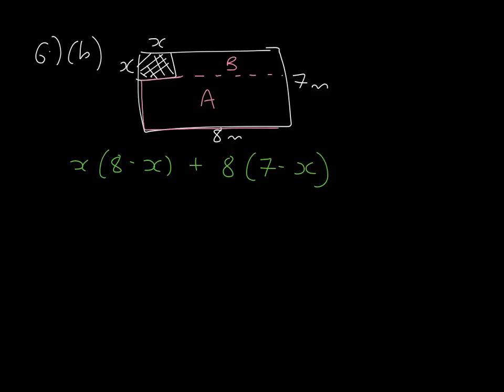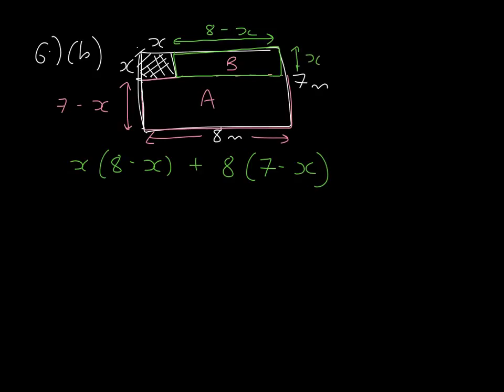Section A, which we will outline part of in red there, has a length here of 8, and then this part here is 7 minus x, because the total side length from here to here is 7 metres. If you take just this section from there to there, that part is 7 minus x. At the top section, this part here, B, the distance from there to there is 8 take away x, and this part from here to here is x.